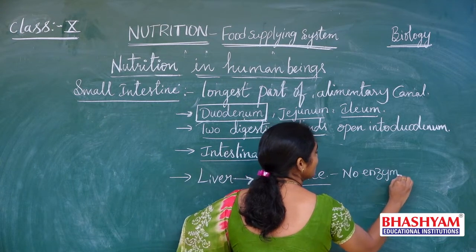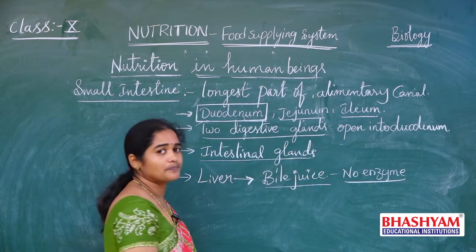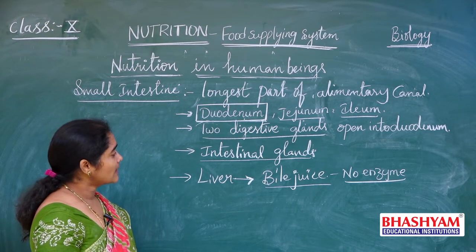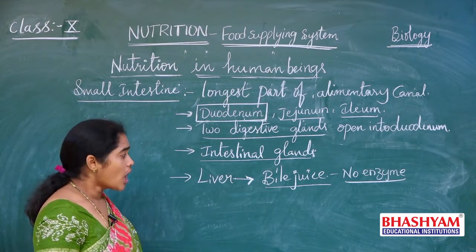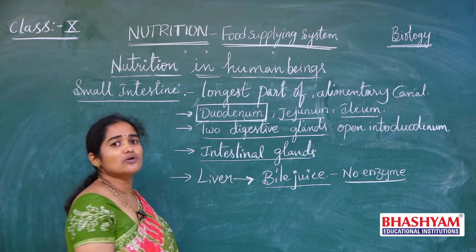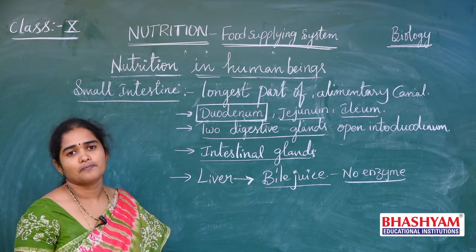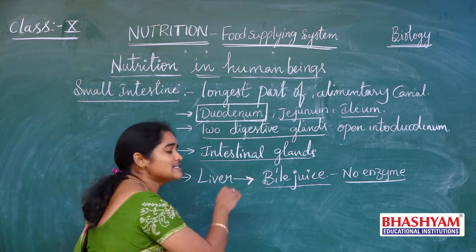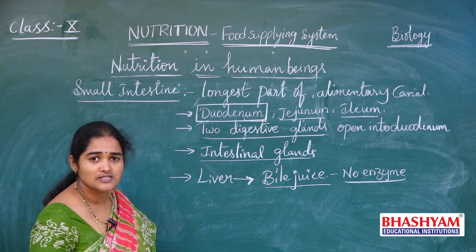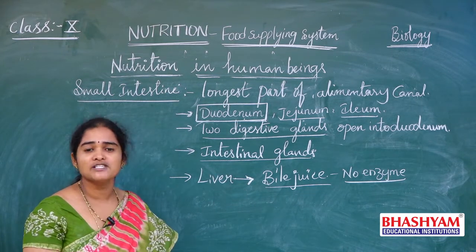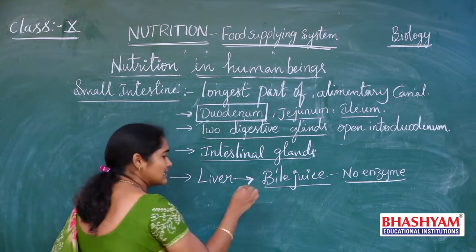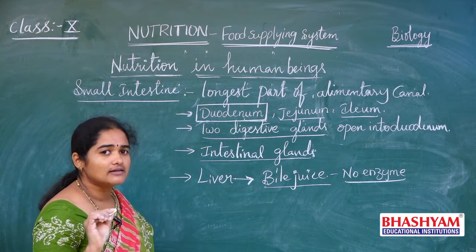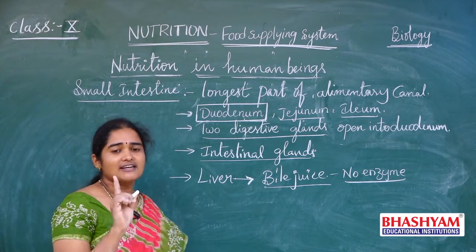Here it is very important to observe why the bile juice, though it has no enzyme, plays an important role in the digestion process. Till the food enters the small intestine, fat digestion will not occur.